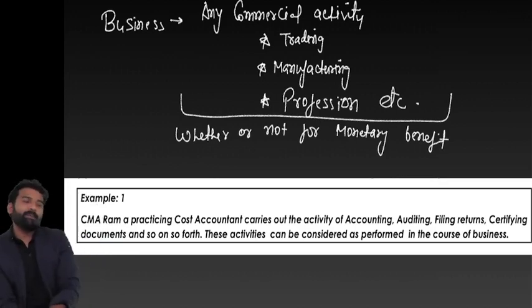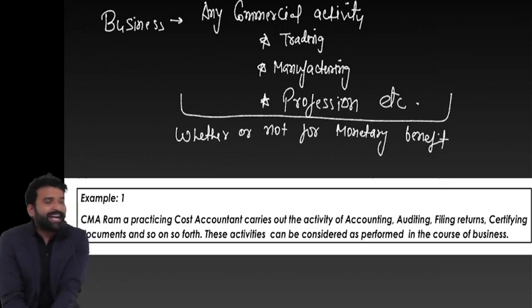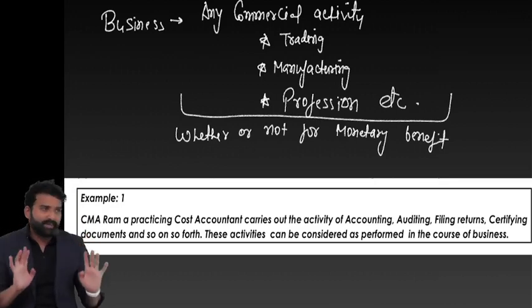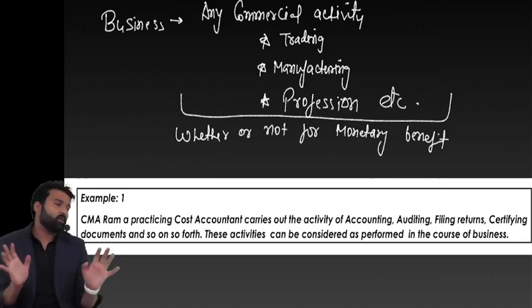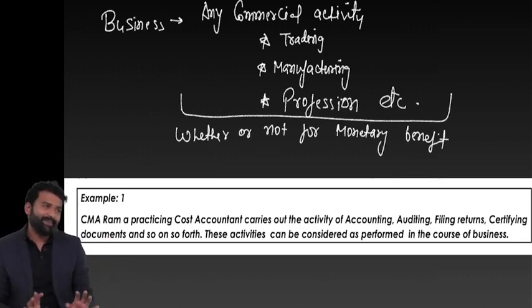Lower limit is applicable. If I am supplying both, then the 20 lakh limit is applicable. Always go by this: if I have two threshold limits, aggregate turnover, total turnover should not exceed 20.